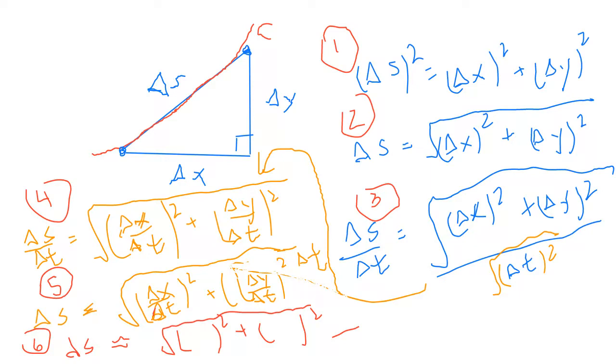So when you let time get small, delta S over delta T becomes what? Let me phrase it another way.